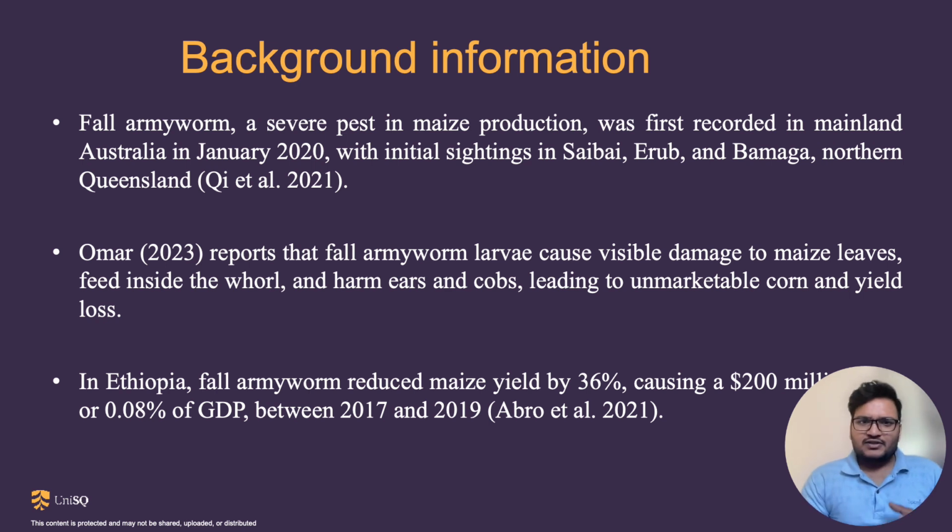The damage from first and second instar larvae looks like transparent scratches and irregular windowing on the leaves. As the larvae develop, they enter the whorl and start feeding between the stem, leaves, and tassels. Feces can be clearly seen outside the whorl of the plant, and it results in unmarketable corn cobs and causes high yield loss.